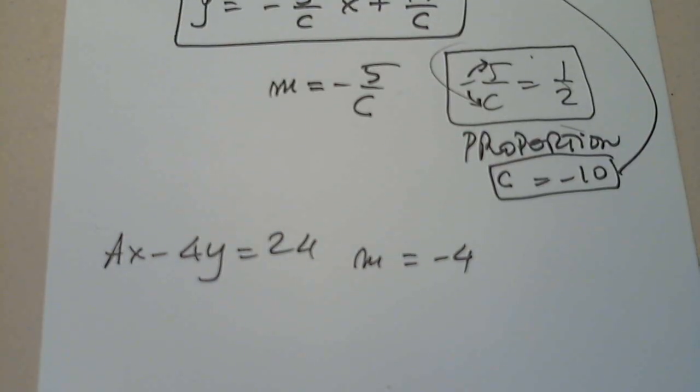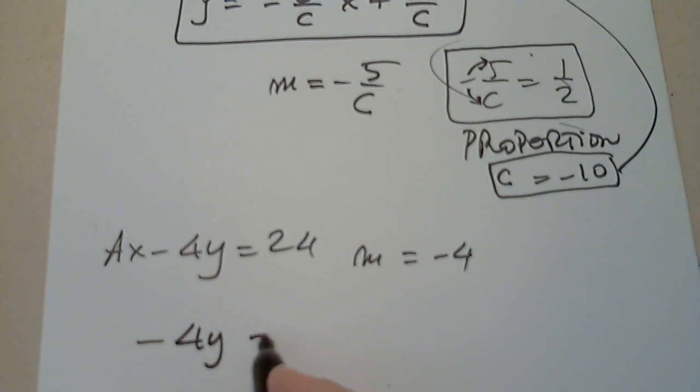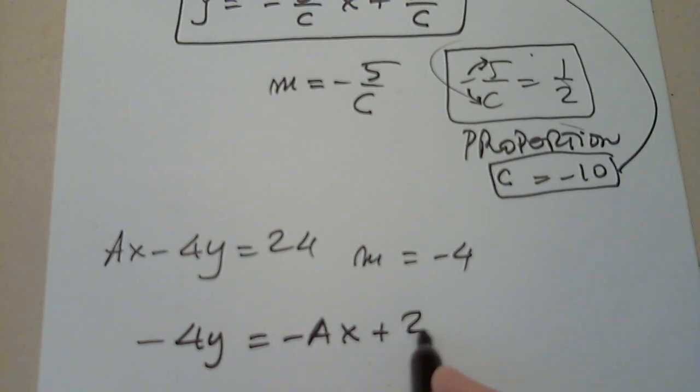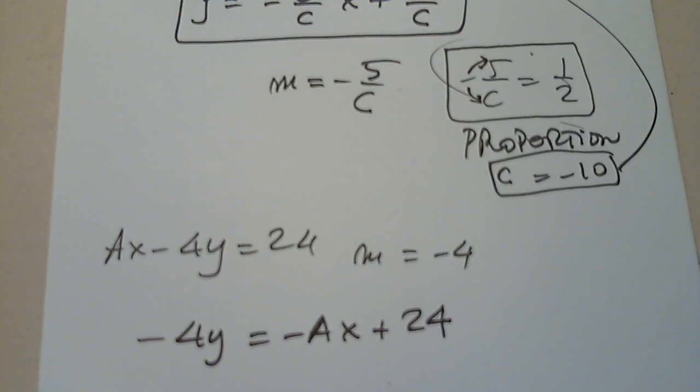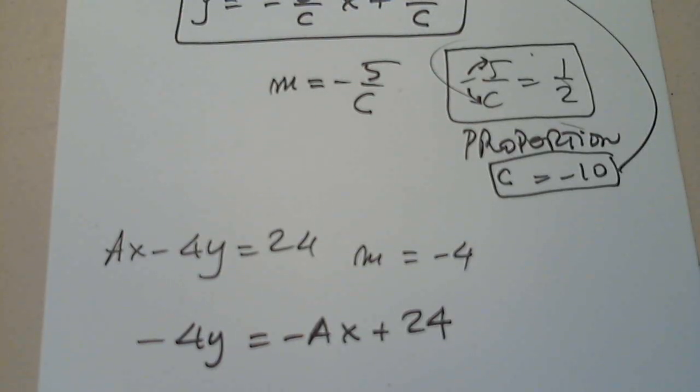So Rachel already told us it is -4y equals -ax plus 24. Please always arrange the right-hand side in descending order. This is very important, so it makes our life easier because we're not going to make a mistake in finding the slope. Good.